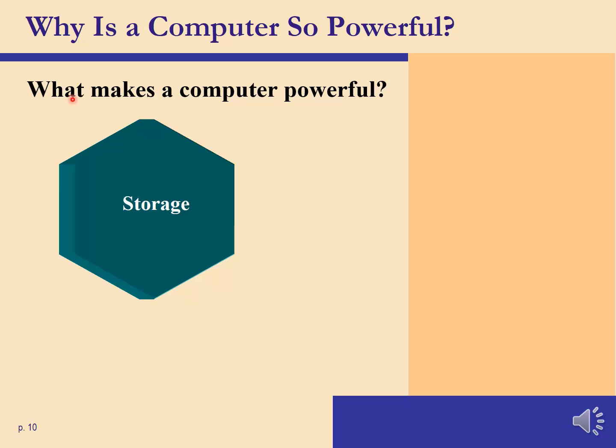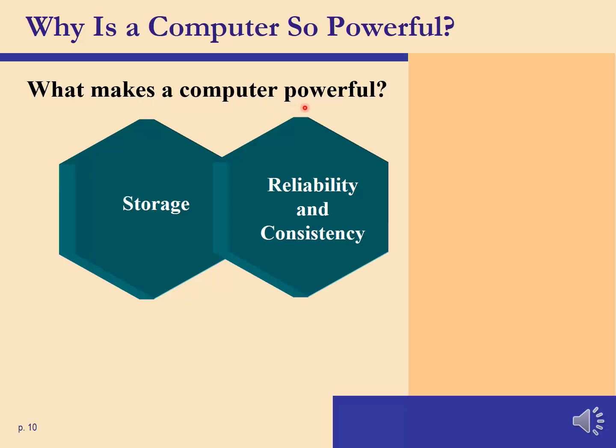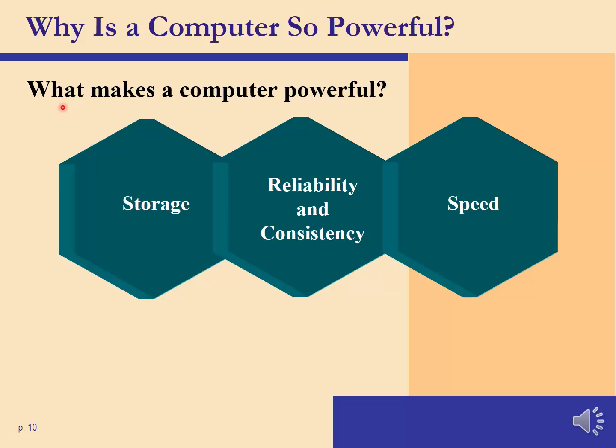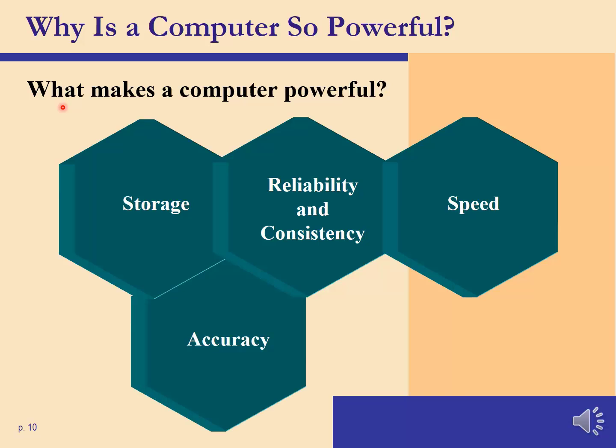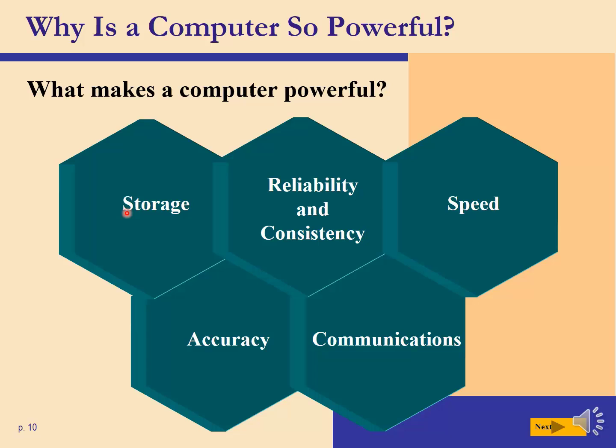Why is a computer so powerful? What makes a computer powerful? There are some components that make a computer powerful. First is storage. Second is reliability and consistency. Third is speed. Fourth, accuracy. Fifth, communications. Storage means storing a lot of data or information.